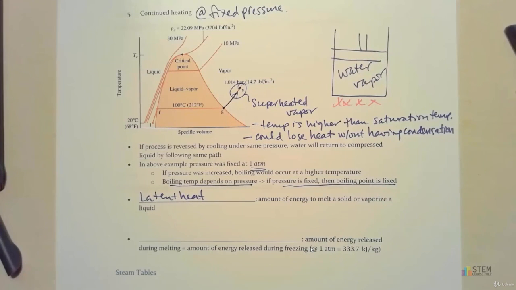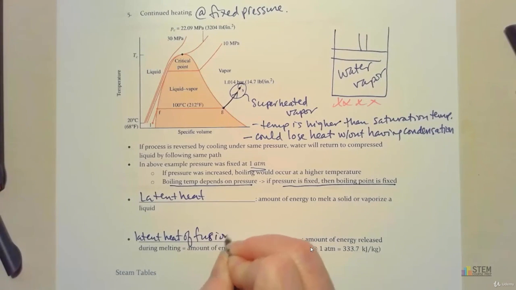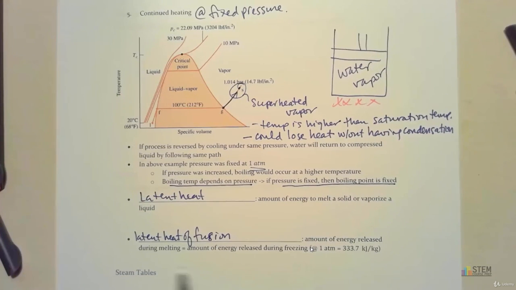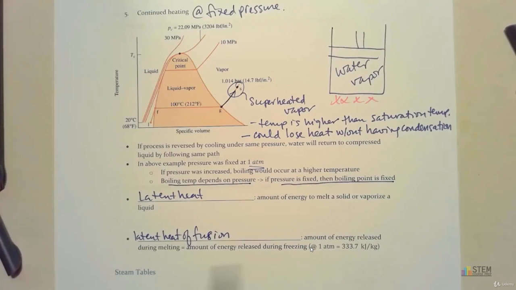And if you hear of latent heat of fusion, that's going to be the amount of energy released during melting. Actually, no, I'm saying that wrong. It's the amount of energy released during melting, and that also does equal the amount of energy released during freezing.